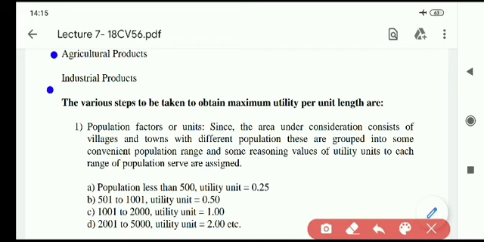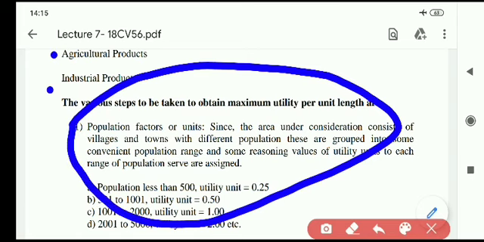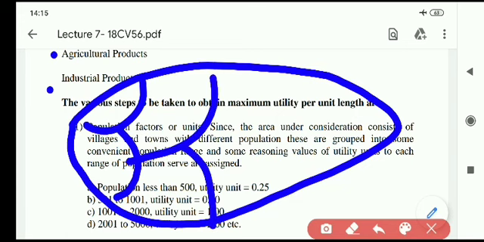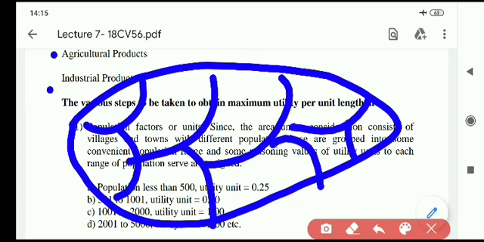First, see the population. Here we are doing planning for this area. In this study area, let us consider n number of villages are there: 1, 2, 3, 4, 5, like that. Each village consists of its own population.